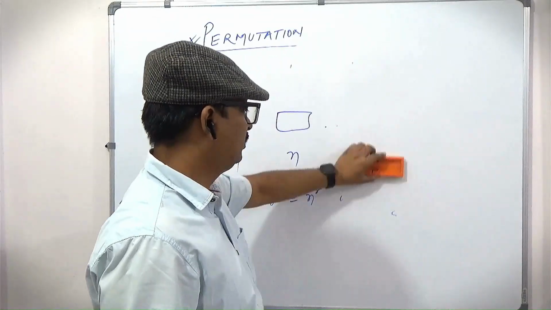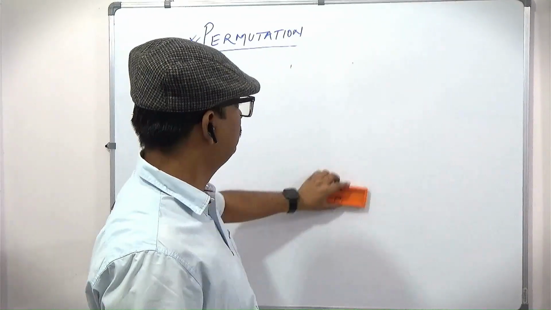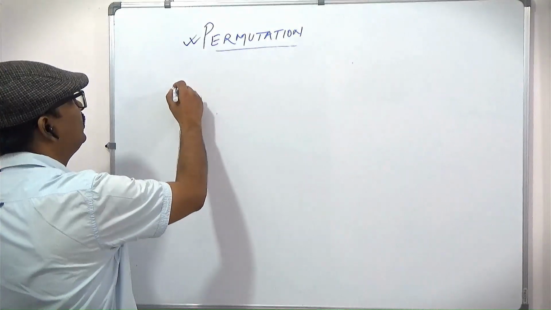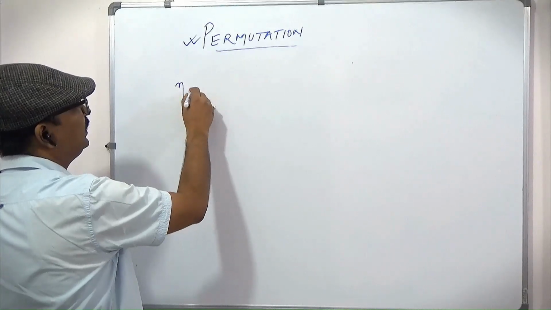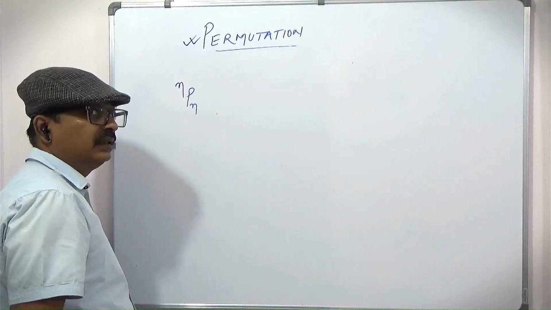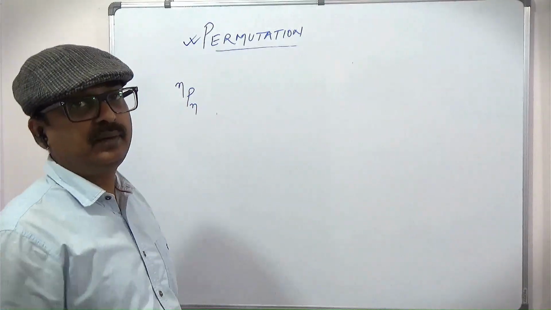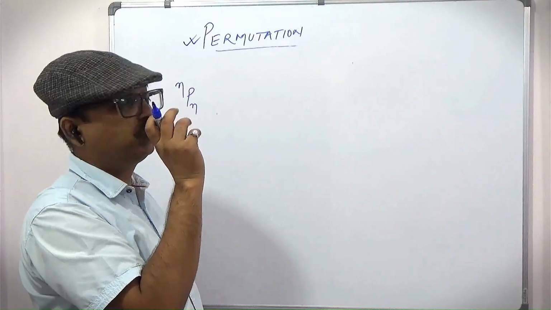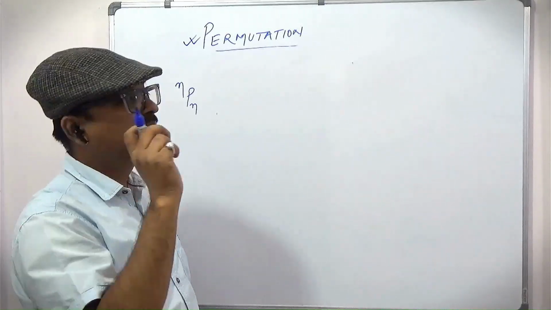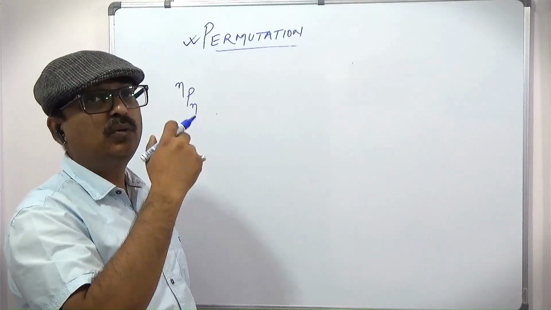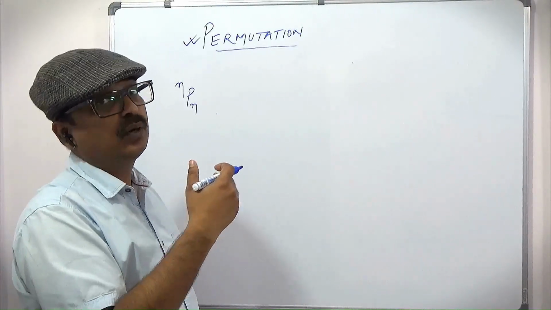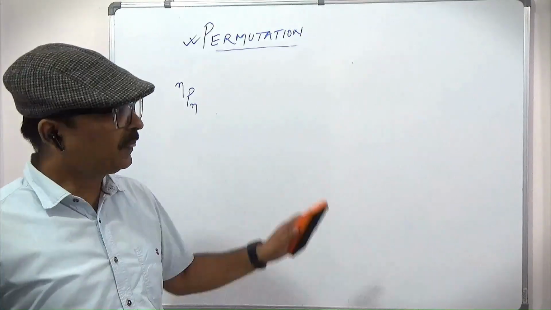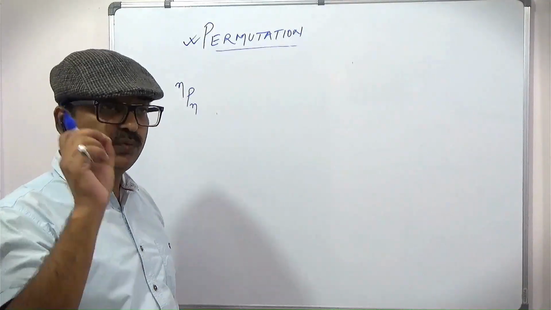Let's see one, two, three more important things. What will be nPn? That is, all taken at the same time. For example, we had seen the four-letter word, and we had seen how many different words can be formed from those four letters.